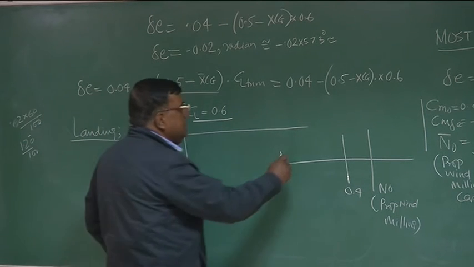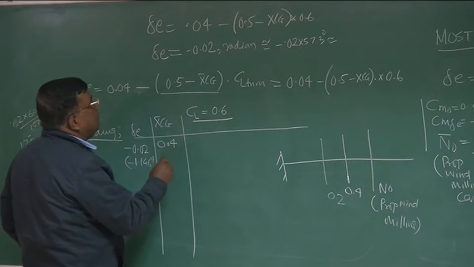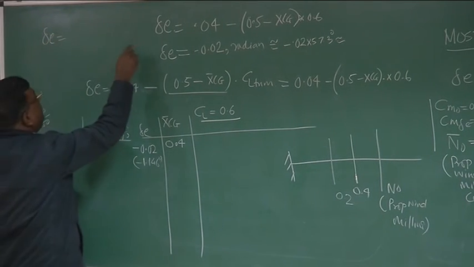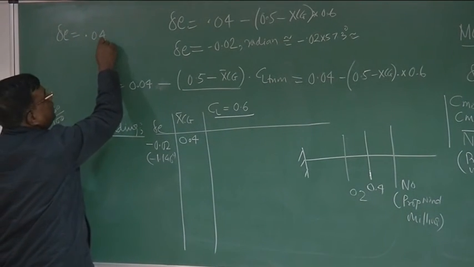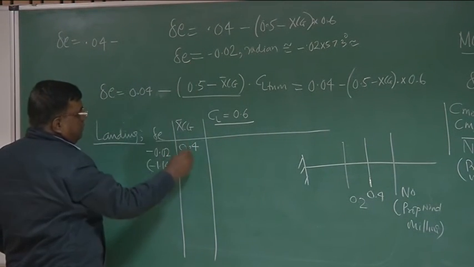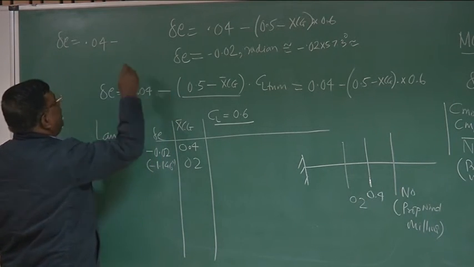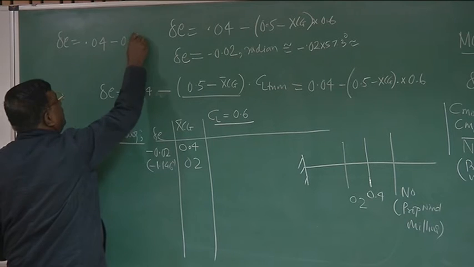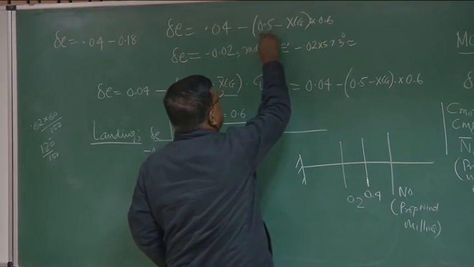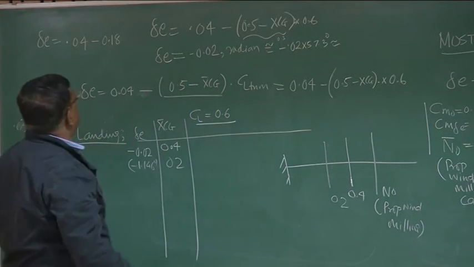If I take the CG at 0.2, then delta E at xCg 0.2 will be 0.04 minus (0.5 minus 0.2). Now xCg is 0.2, so this value is 0.3. 0.3 into 0.6 is 0.18.